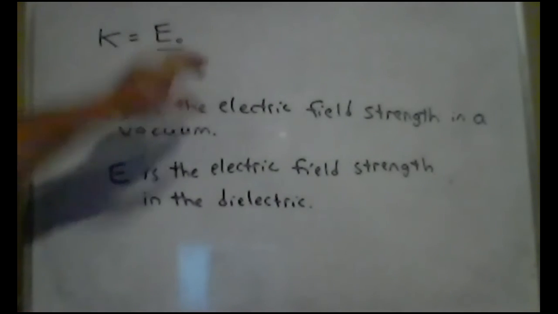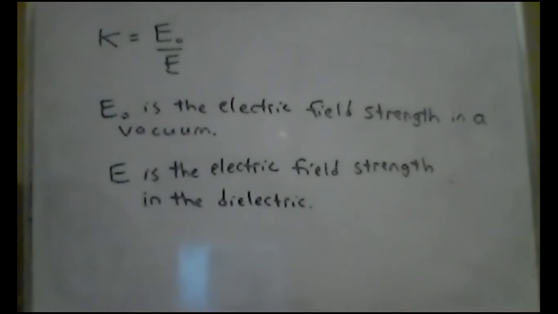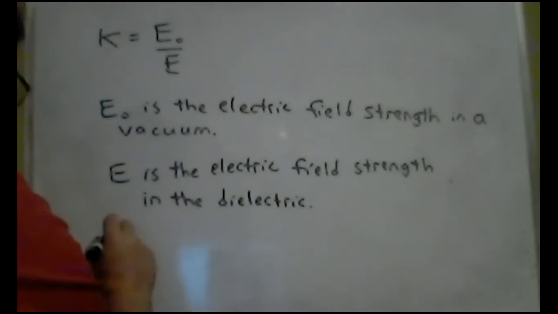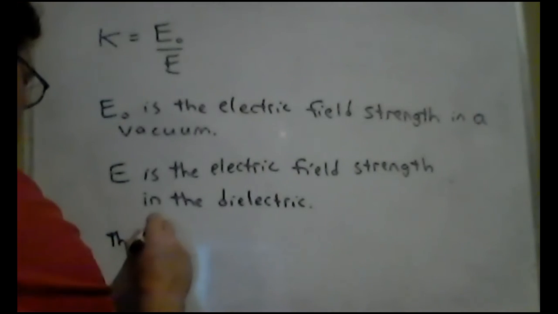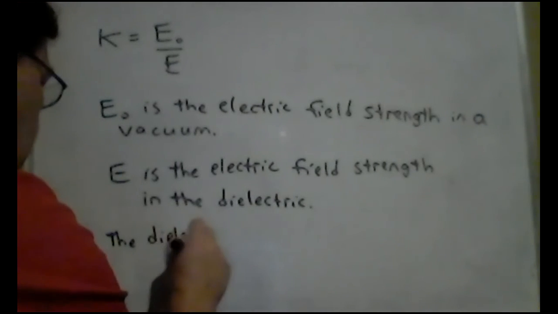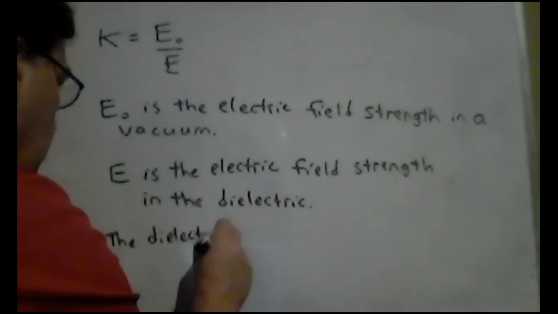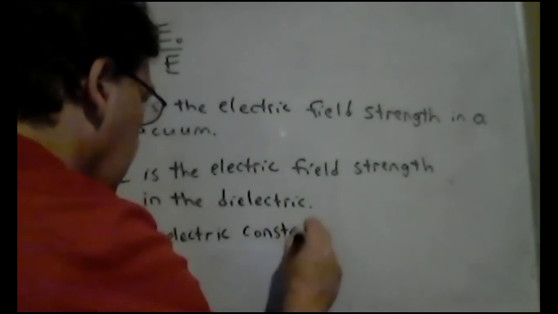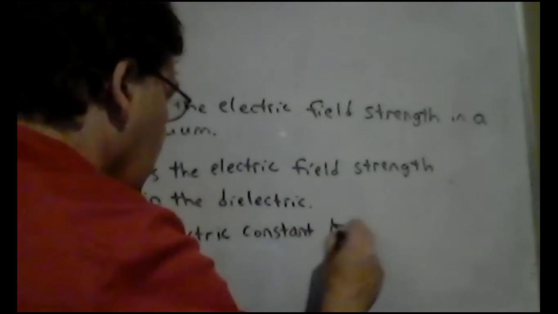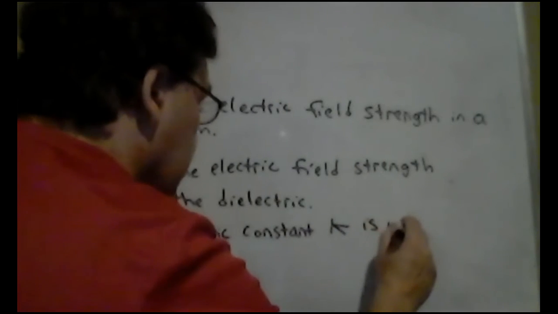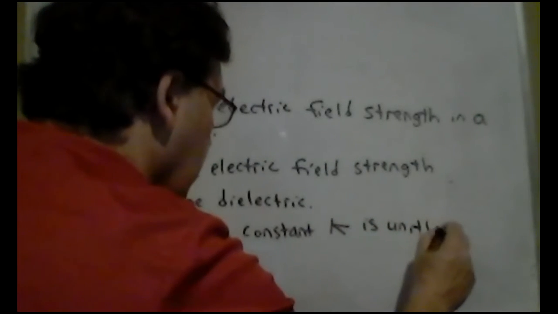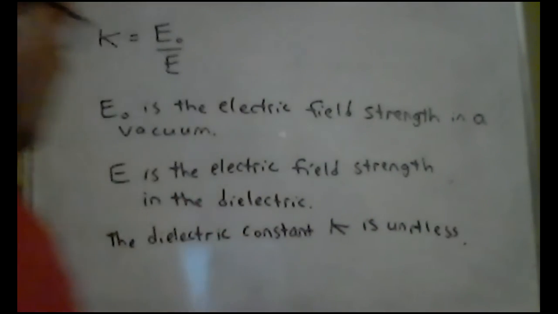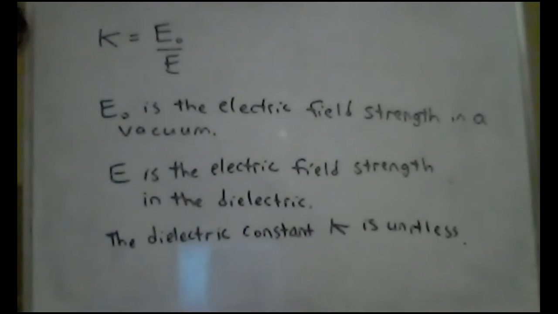So volts per meter over volts per meter cancels out. So kappa is unitless. The dielectric constant, kappa, has no units. All right, keep that in mind.